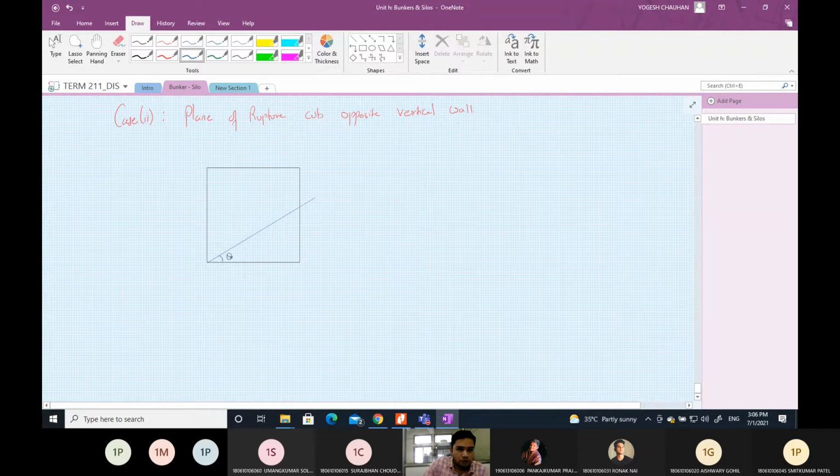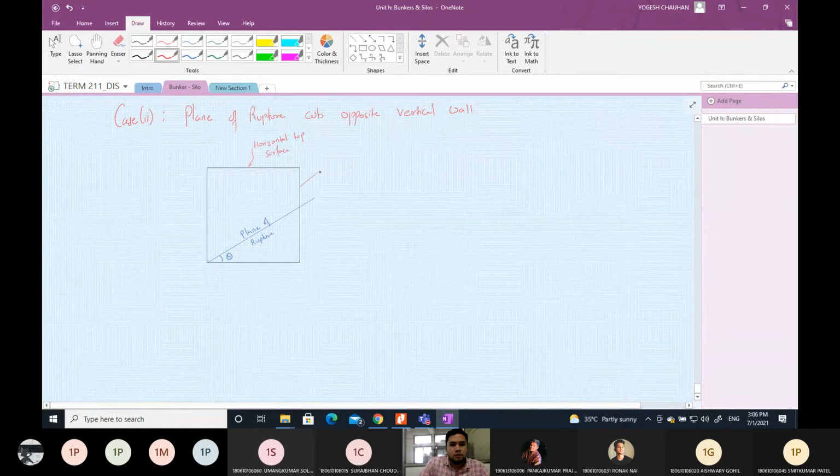This angle is theta. Okay, and this is the plane of rupture. This is the horizontal top surface. And this is your opposite wall.